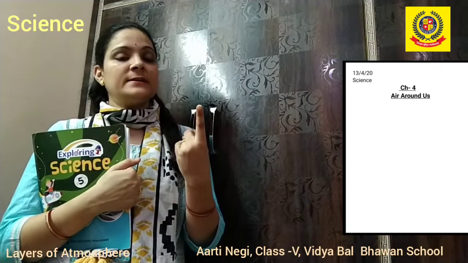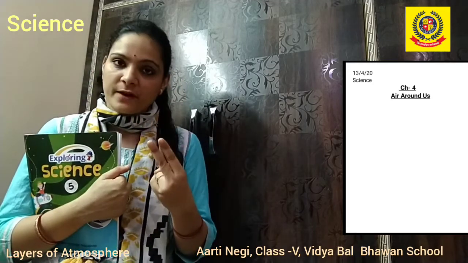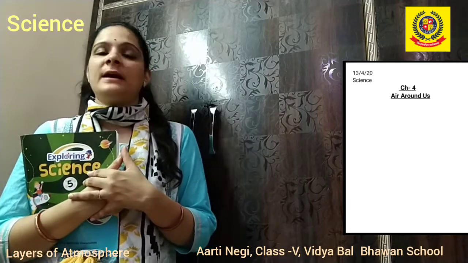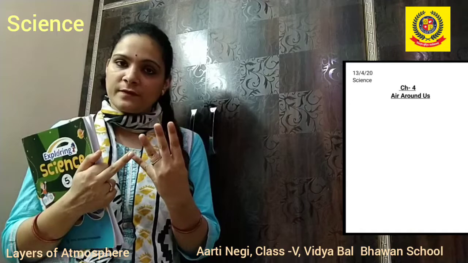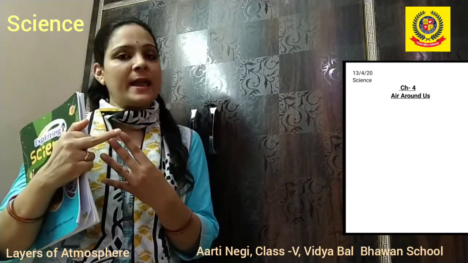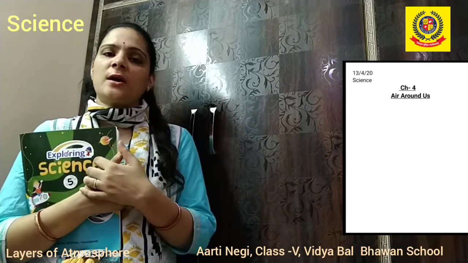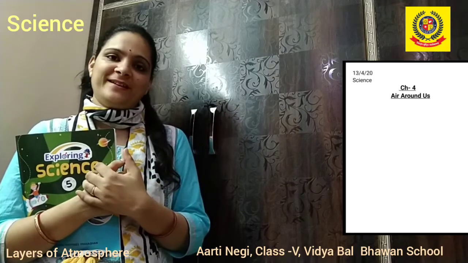The first one is mesosphere and the second one is thermosphere. So our atmosphere is divided into 4 layers: troposphere, stratosphere, ionosphere and exosphere. To get knowledge about these layers, let's watch this PPT.